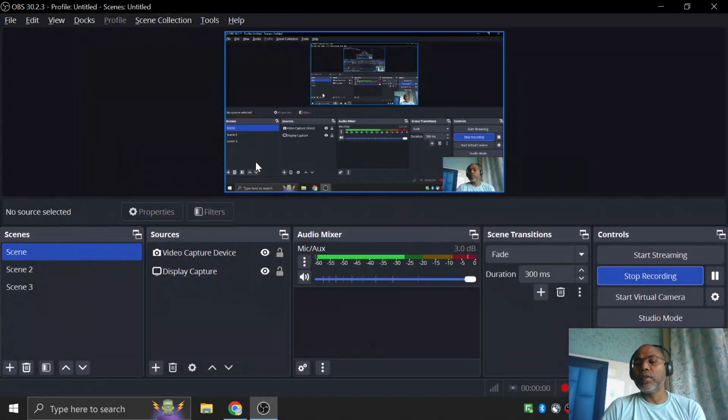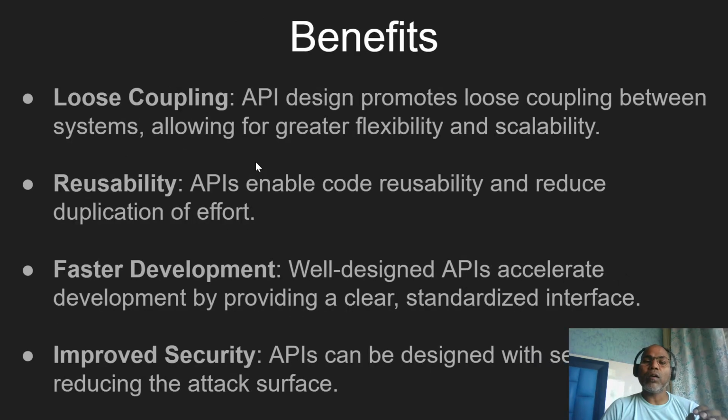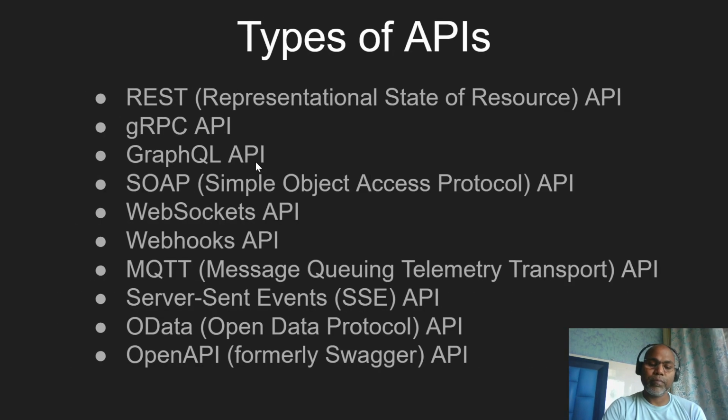Right? So let's talk about how to develop API and what types of API there are. Nowadays, dozens of options are available for the system design engineer to develop API.